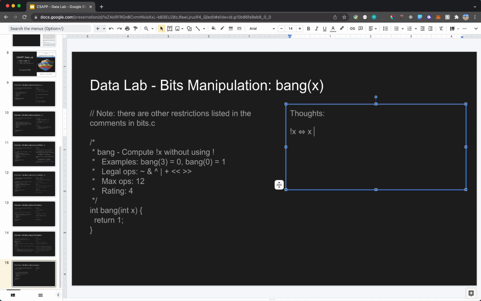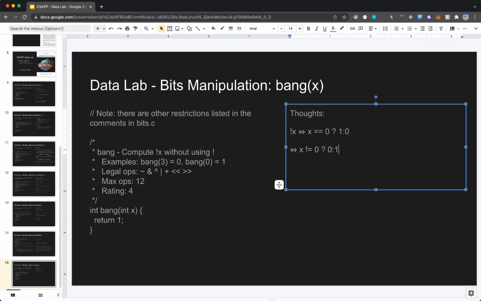As we mentioned, the bang operation, or the logical not operation, of a variable is really equivalent to saying if x is equal to 0, then we return 1, otherwise we return 0, right? This is also equivalent to, let's just change the order of the return values here: if x is not equal to 0, then we return 0, otherwise we return 1.